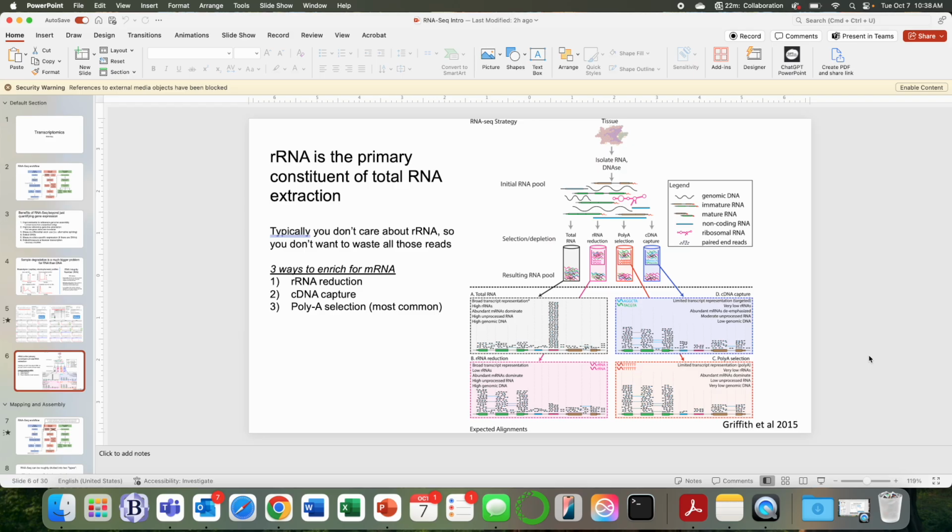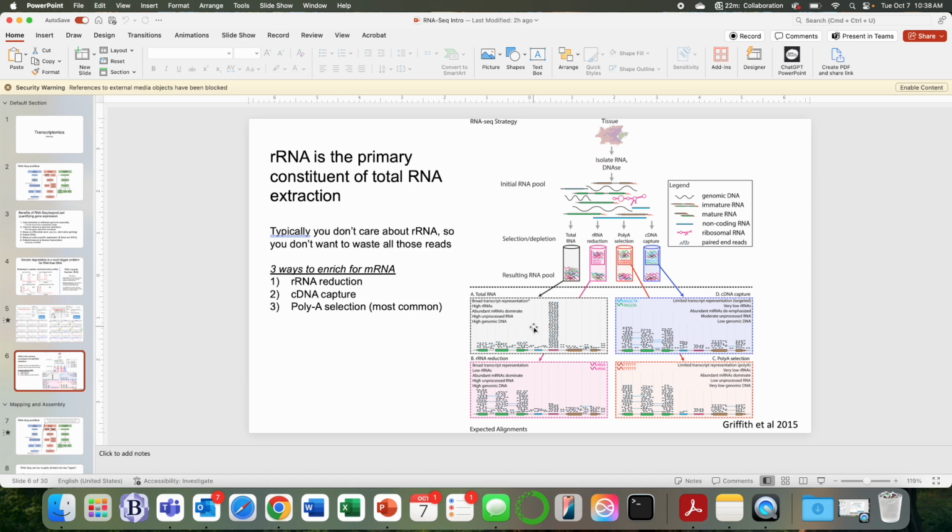And so there are multiple ways to do that. This graphic is just basically showing you, right, you grind up your tissue. In that initial pool, you've got some leftover DNA. Mostly you've got processed and unprocessed messenger RNAs, and then lots and lots of ribosomal RNA.